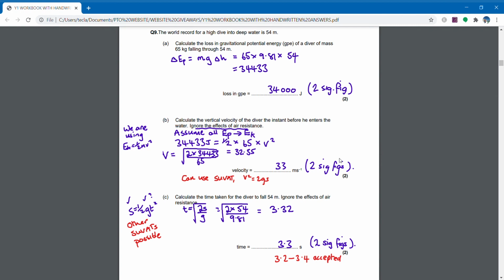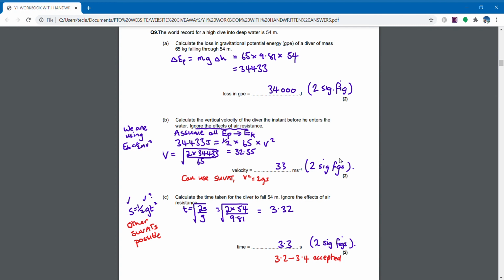So 34,433 joules equals a half times m times v squared, half times 65 times v squared. Rearrange and calculate v. v equals the square root of 2 times 34,433 divided by 65, which equals 32.55 or 33 meters per second to 2 sig figs.